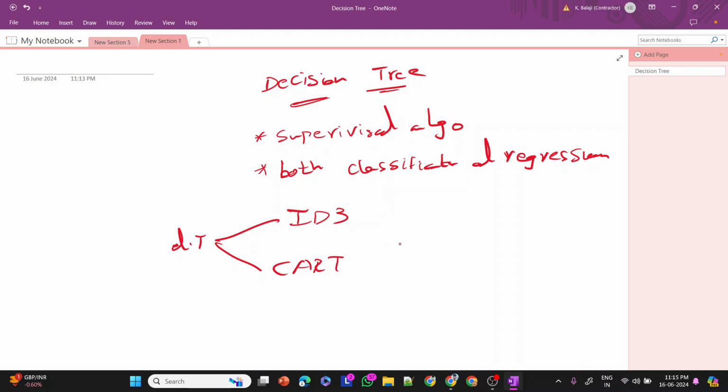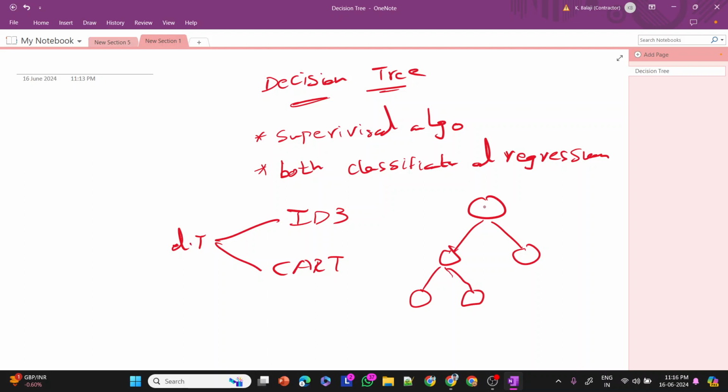In a decision tree, it will use a tree-based structure to classify or predict the output or outcome. Like we have a root node, and there is a sub node, and there is another sub node for this sub node.